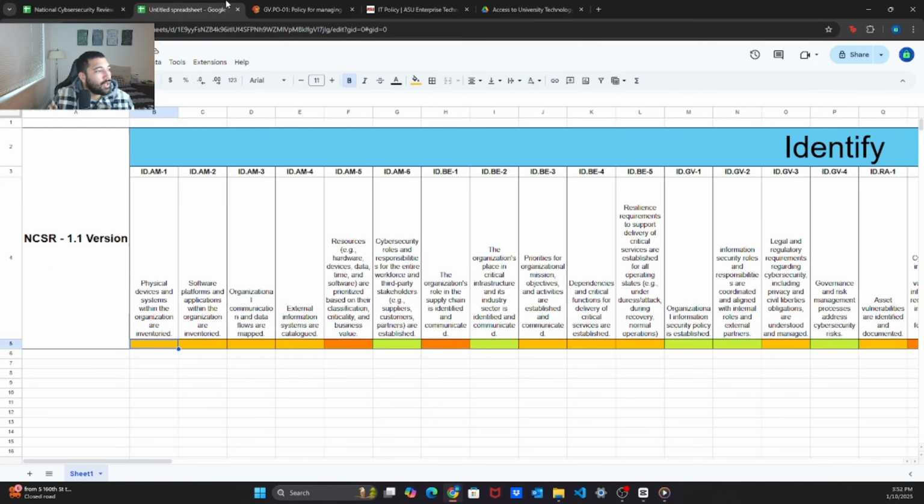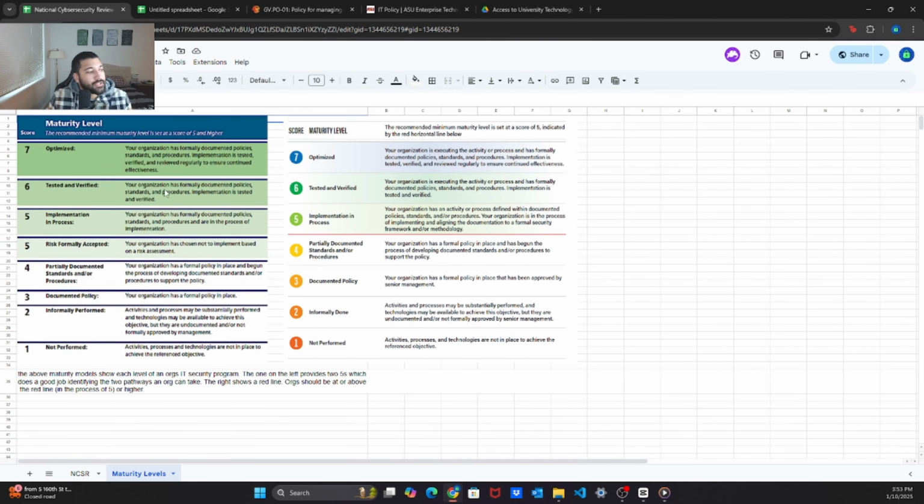What we're looking for here is that physical devices and systems within the organization are inventoried. So let's say you don't have an inventoried list of your physical devices and systems. That's what a 5 is. Or excuse me, 6.